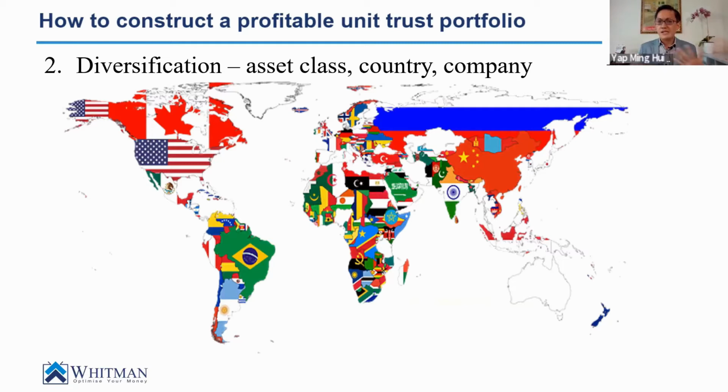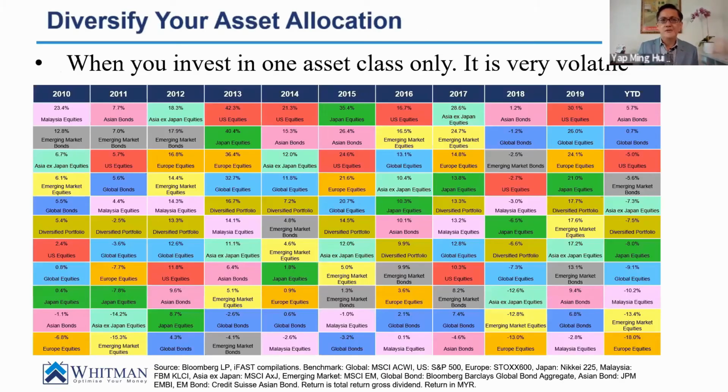So if I were to show you another chart, we can see here, when we invest only in one asset class, the investment also becomes very volatile. If we invest in Malaysia equity asset class only, because all the equity funds we buy are all in Malaysia, whether it's small cap or big cap, then we can see what happened.